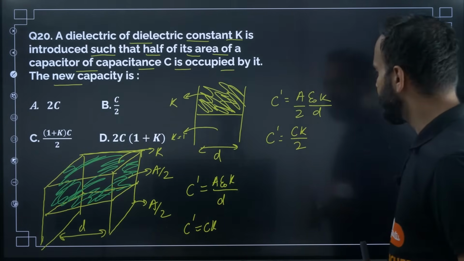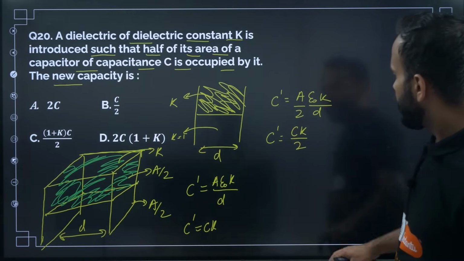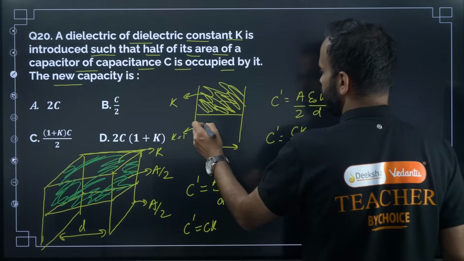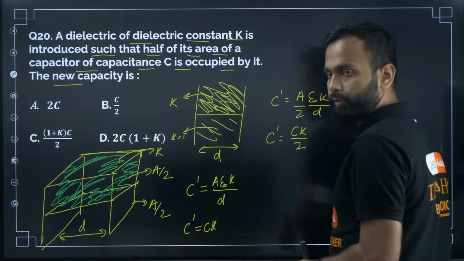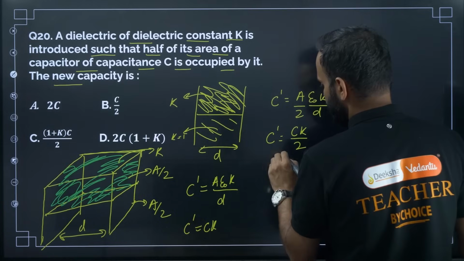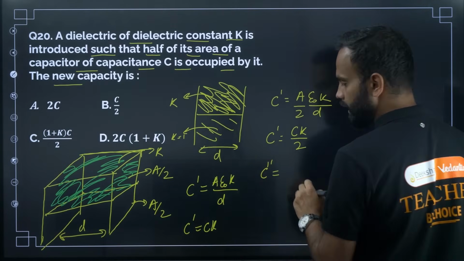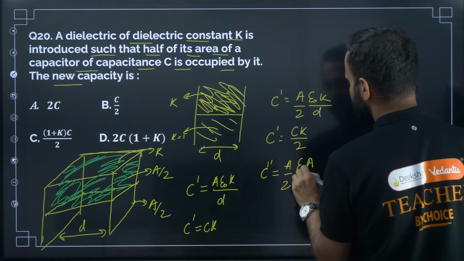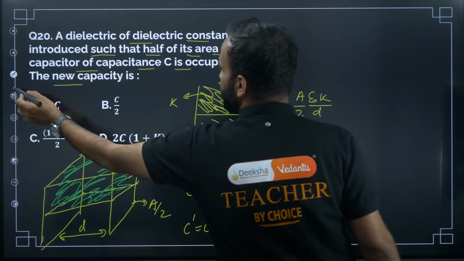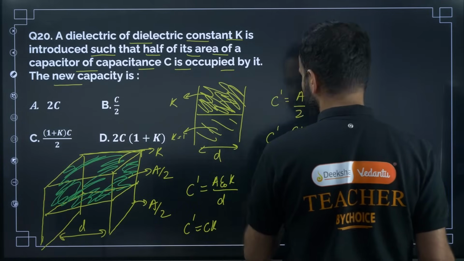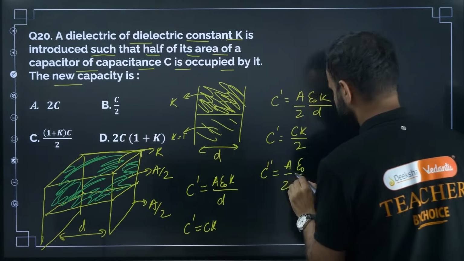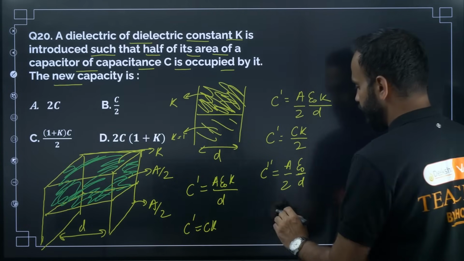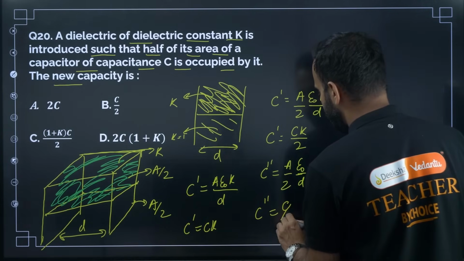Now what is the capacitance of this other capacitor, where K equal to 1, right? So C double dash is equal to A by 2 into epsilon naught divided by D. Okay, K equal to 1. So A epsilon naught by D is C, right? So C double dash is equal to C by 2.